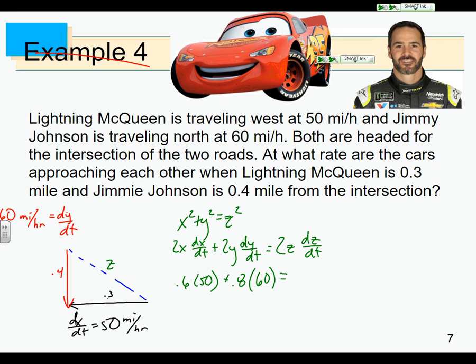If this is a true right triangle, it's just going to be a 3, 4, 5 triangle. So whenever Lightning McQueen is 3/10 of a mile out and Jimmy is 4/10 of a mile out, the distance between them has to be half a mile, or 5/10 of a mile, because it's a 3, 4, 5 triangle. And so if I double that, that's just going to be 1 dz over dt. I've already got it solved for dz over dt.